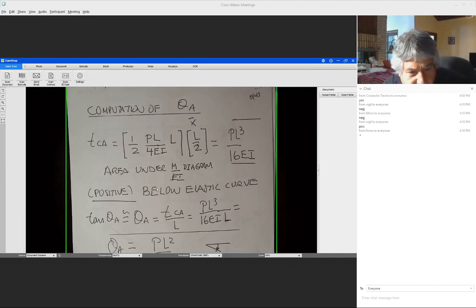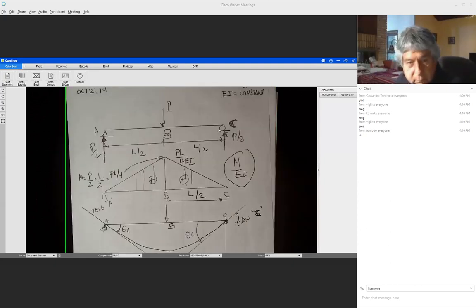So this gives me PL cubed over 16 EI. This is the area under the M over EI diagram between point A and C: 1/2 of L times PL over 4EI, and the distance from here to here is L over 2.